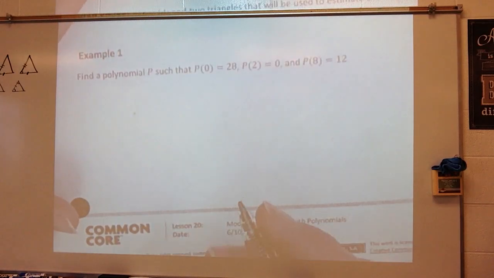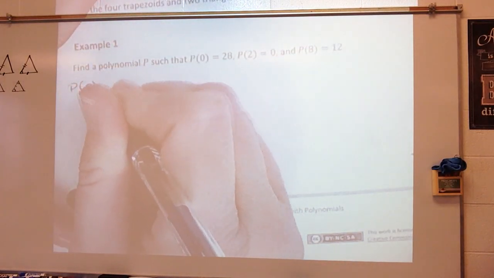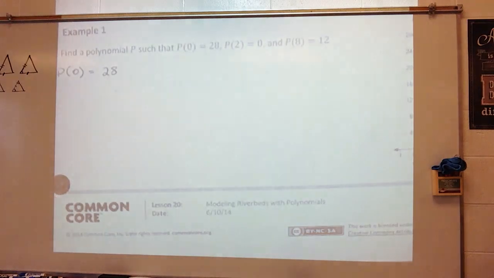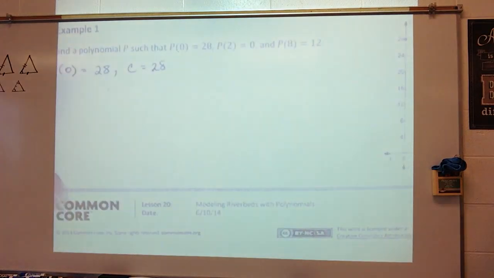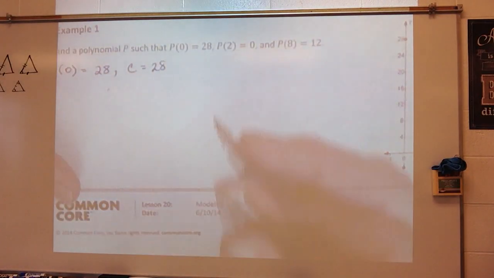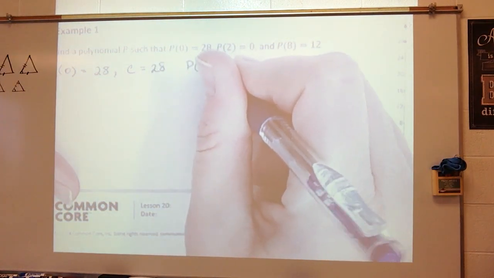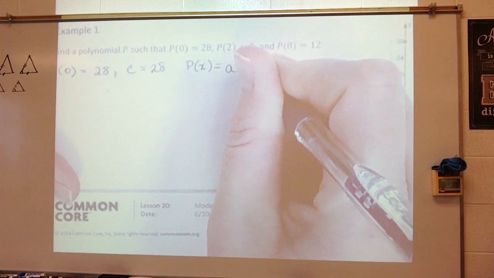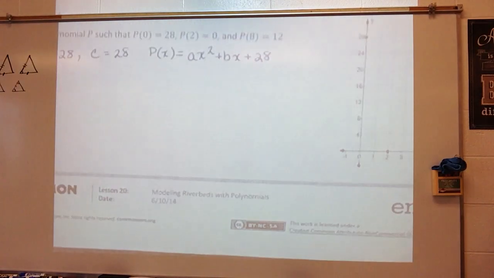Since p of 0 is equal to 28, then I can say that c is equal to 28. So now I've got p of x is equal to ax squared plus bx plus 28.